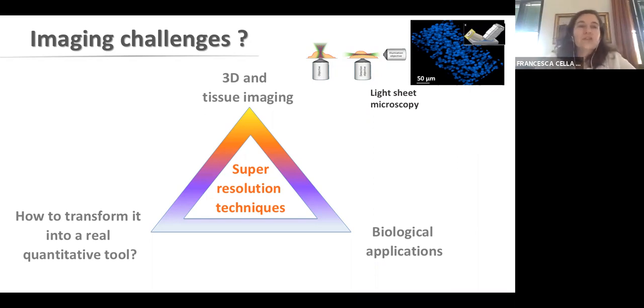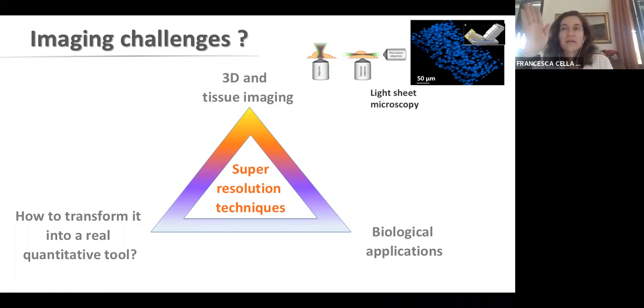So the main challenges are the fact that we have super resolution techniques, we can use them, but there are still a lot of challenges. How to improve these techniques, how to go, for example, towards tissue imaging and three-dimensional imaging, how to match the sample requirements, because if we want to address biological problems and applications, we need to match the requirements of the sample.